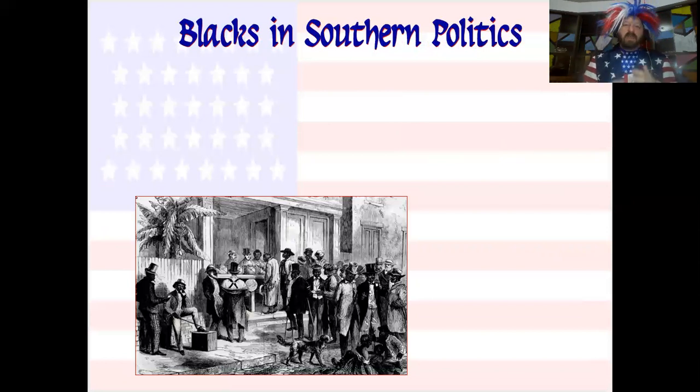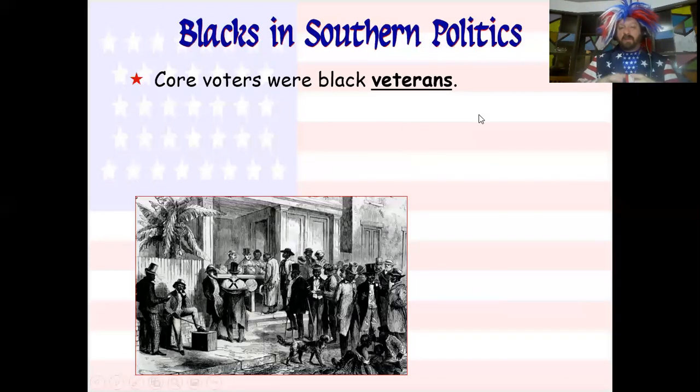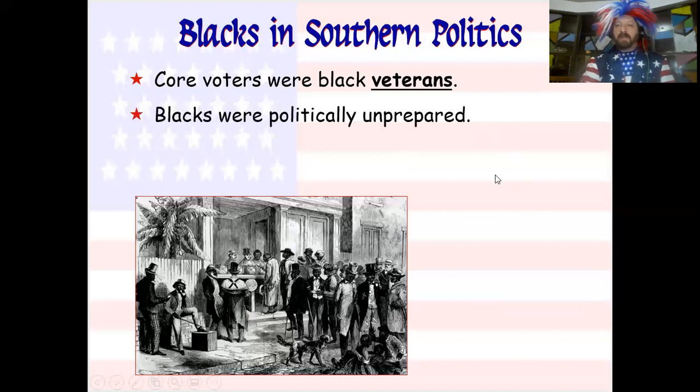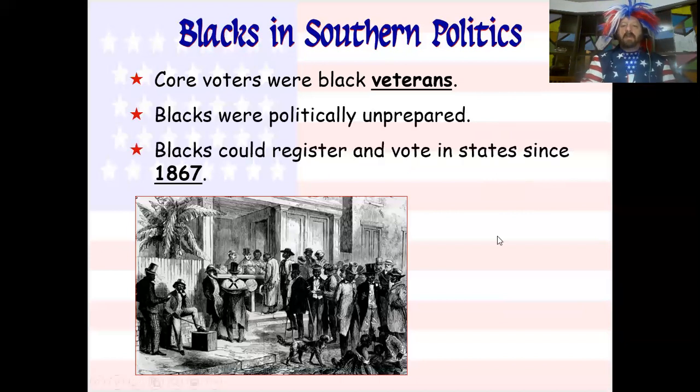All right. So now, what happened with blacks in Southern politics? Now, the core black voters were actually veterans. So they had fought on the side of the North during the war. So this is your core group of voters particularly in Southern politics. A lot of folks say they're politically unprepared, which means they weren't used to being in politics, and there's a certain gamesmanship that goes with being in politics, the give and the take and the backroom deals and all these things.